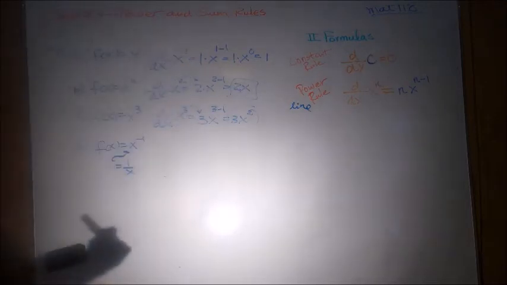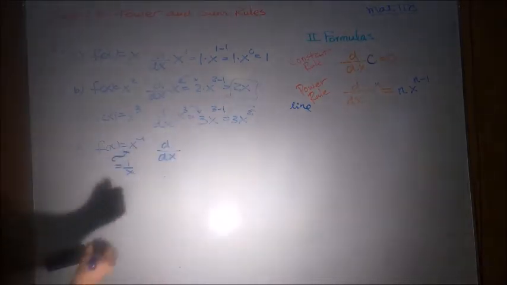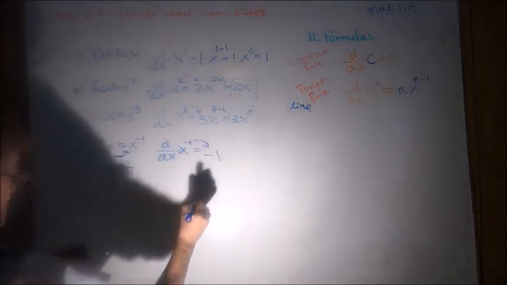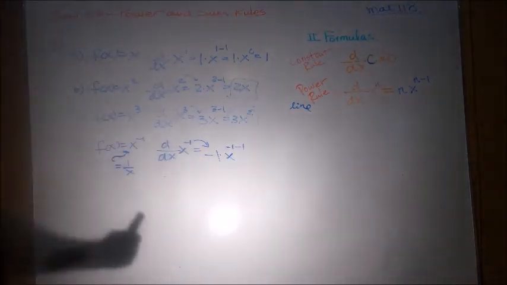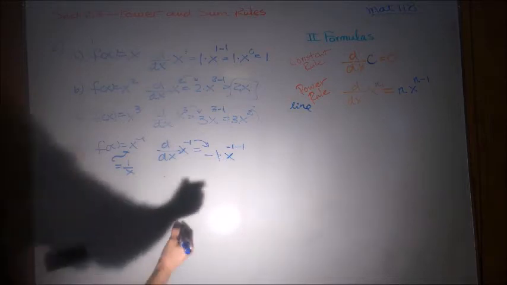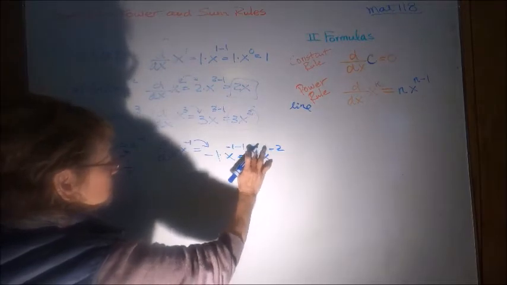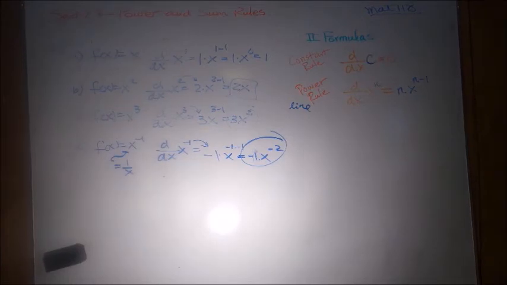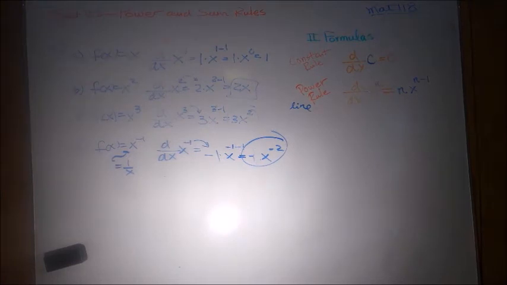But according to this rule, d over dx of x to the minus 1, you put the power as coefficient, then you will drop 1 level. Negative 1 drop 1 level, that will be what? Negative 2. So, oops, not here, coefficient stays. So, that would be your answer. And the negative 1, we don't need 1. So, that would be the answer, right?